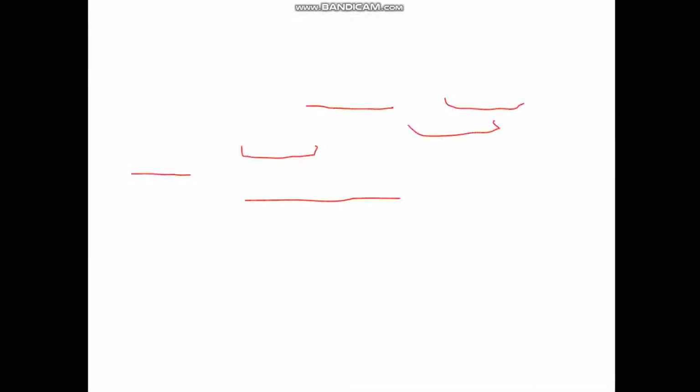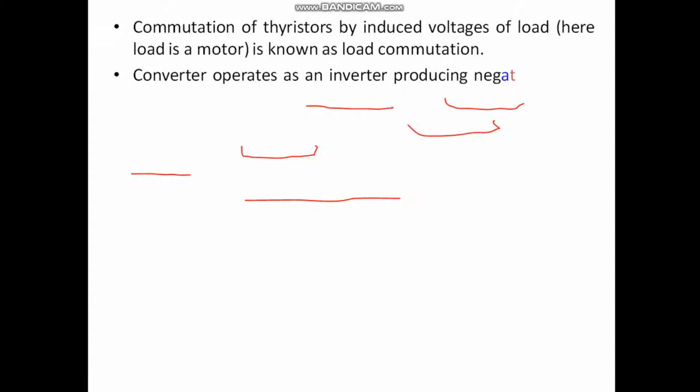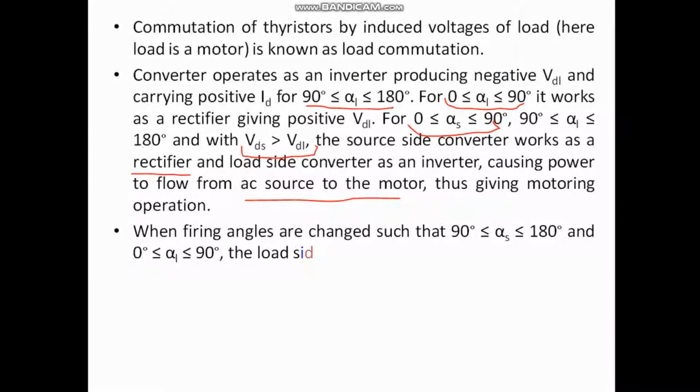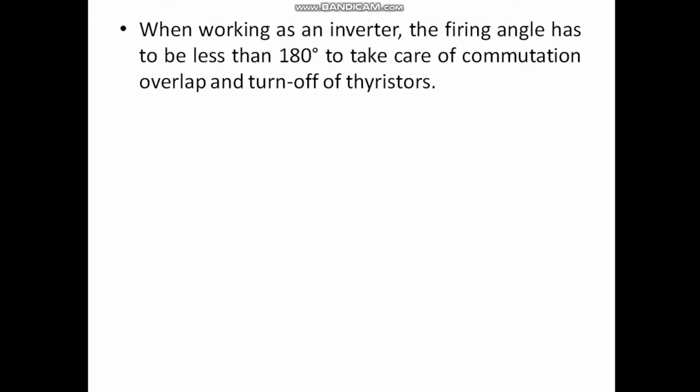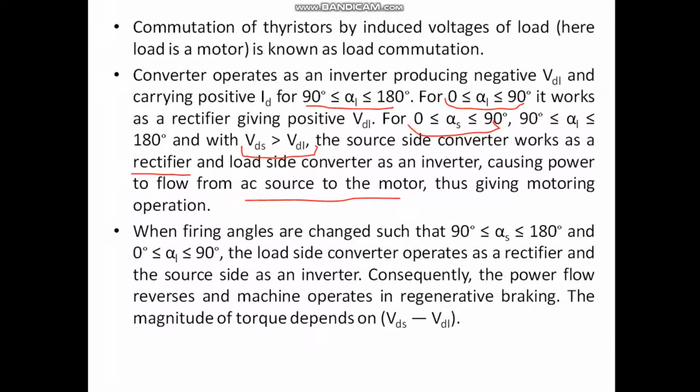So we were here. When the firing angles are changed such that the source side firing angle is 90 to 180 and the load side angle is still between 0 to 90, it means the load side converter operates as a rectifier and the source side acts as an inverter in this case.